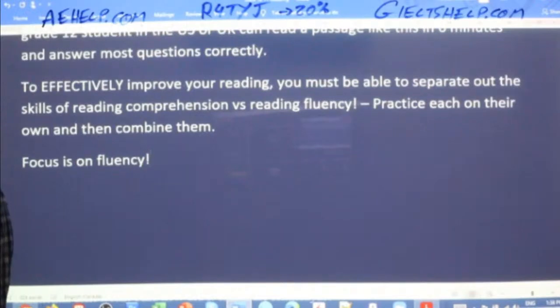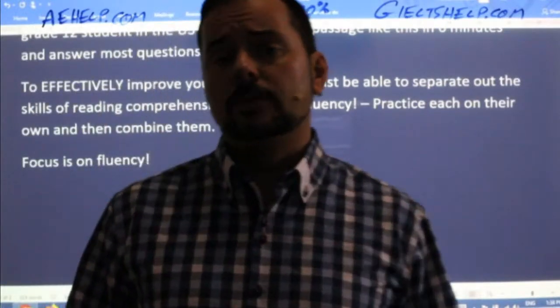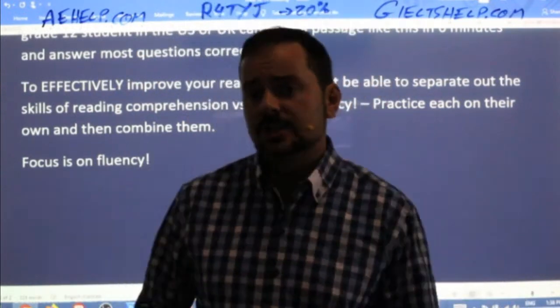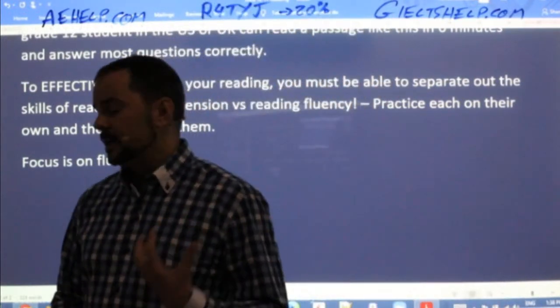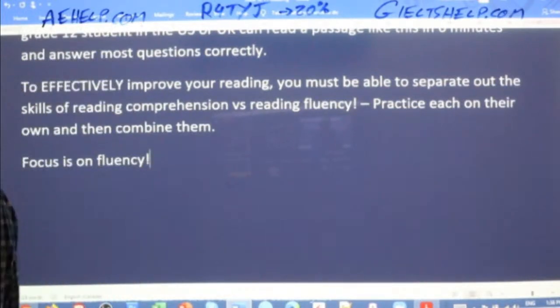Okay. And there are lots of different exercises that you can do to improve your reading fluency, your speed of reading. So if you feel that you cannot read and answer a passage in 20 minutes, you have to focus on your fluency. And there are different steps to do this.